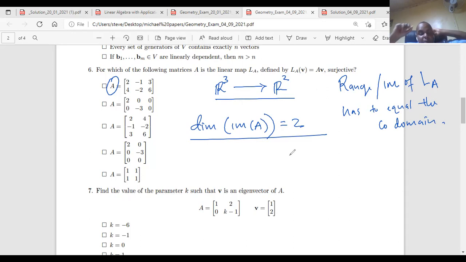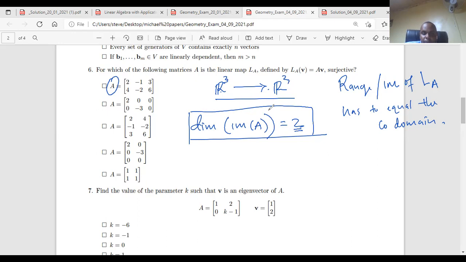It has to make sure that everything in the codomain is matched with something in the domain. Because it's taking us from R3 to R2, you just need to show that the dimension of its image is equal to 2.